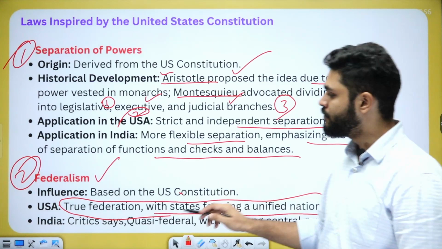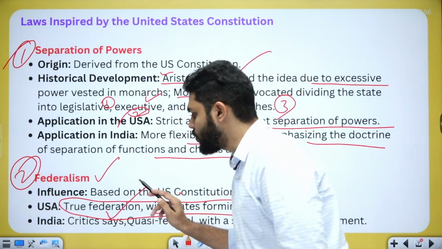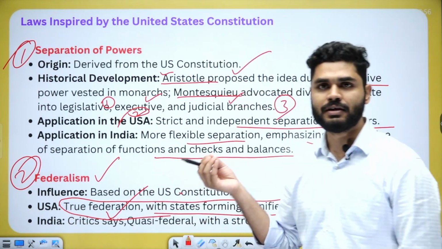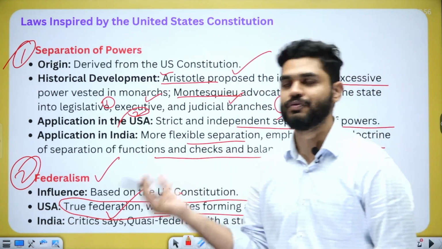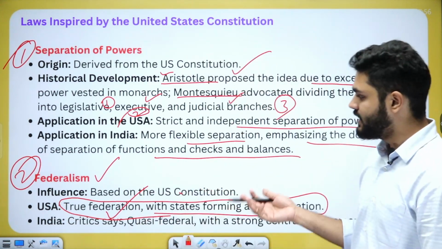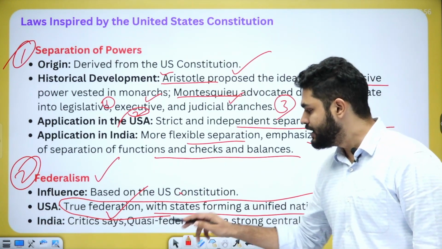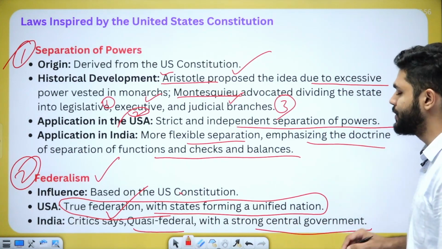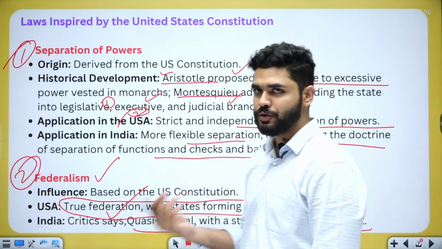Okay, so the federalism followed in the United States of America is quite true, and quite close to the idea of federalism. However, in India, critics say that India follows a quasi-federal structure with a strong central government. Yesterday also we talked about this.